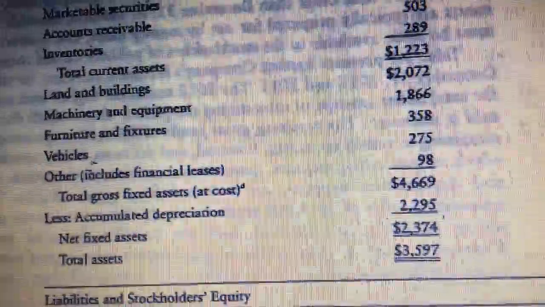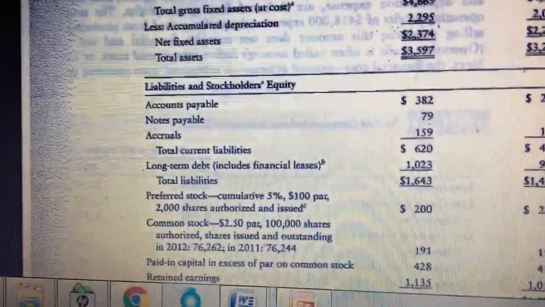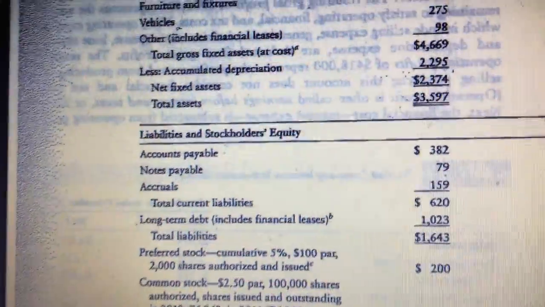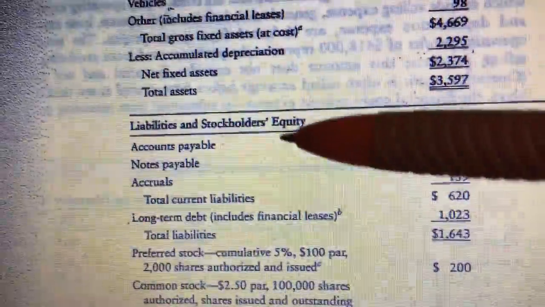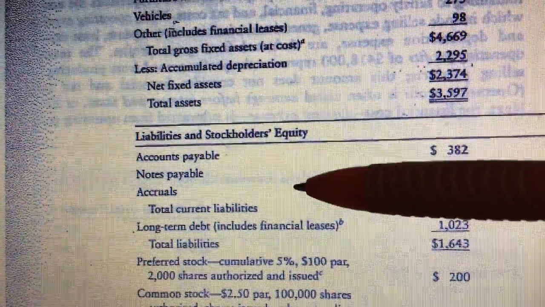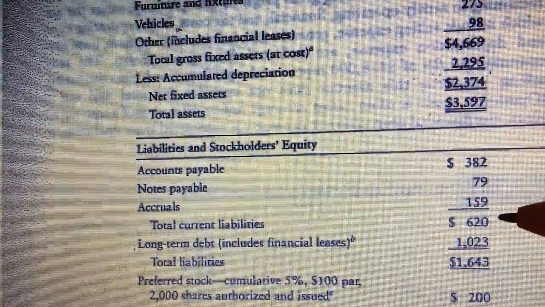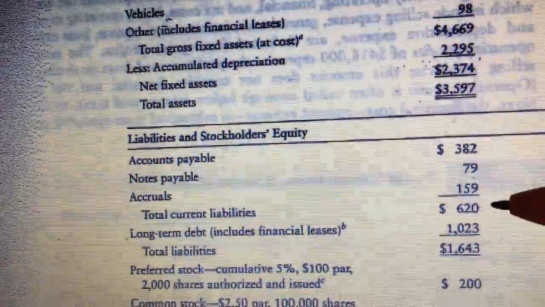Okay. Now remember your balance sheet equation. That total assets has to be equal to your liabilities and your stockholders' equity. Okay. Now let's take a look. First, liabilities are your short term, your current. These are going to be paid within the year. So here you have 620, which would be 620,000, 3 zeros added here.